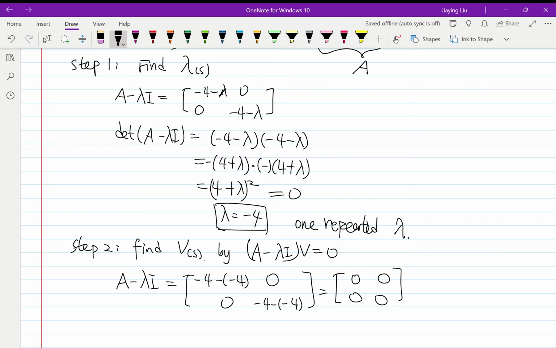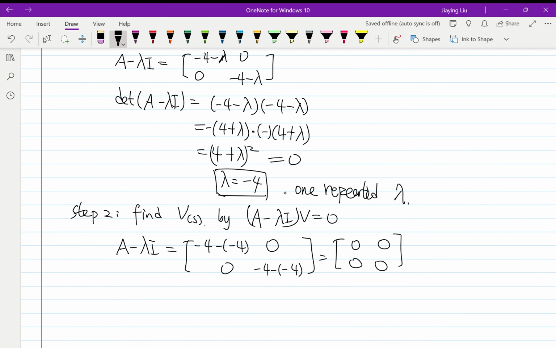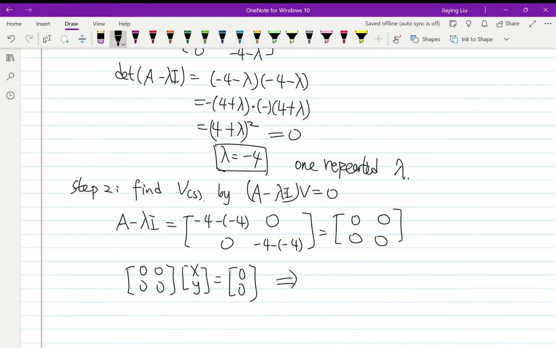We can still use it to find V. If I take this matrix and multiply by V, where V is non-zero, we have 0, 0, 0, 0 times (x, y) equals 0. You can convert it to a system of equations, which is just 0x plus 0y equals 0. Just 0 equals 0 for both of them. There's nothing interesting out of there, just 0 on one side, 0 on the other side.